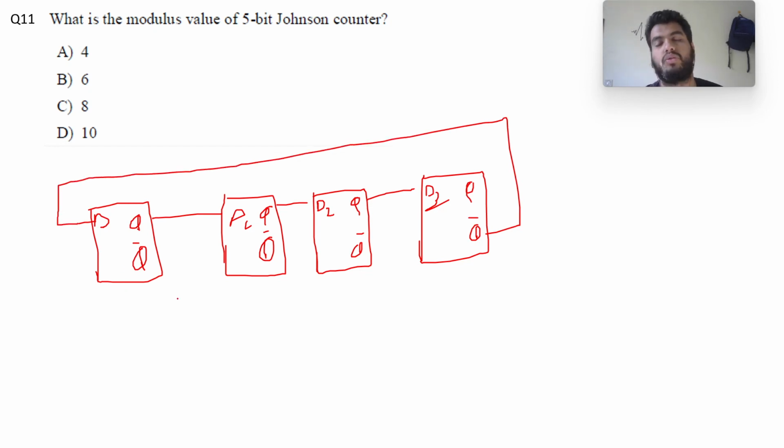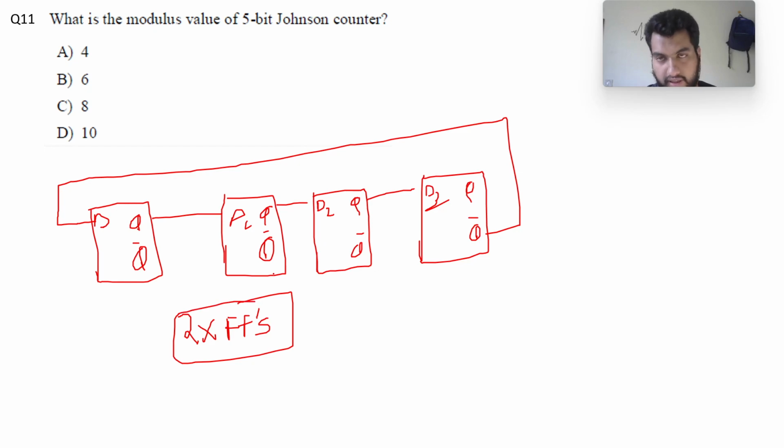This is also known as a twisted ring counter. The number of states for a twisted ring counter or Johnson counter is twice the number of flip-flops. So let's say there are 4 flip-flops, then the number of counting states, the modulus of this counter, will be 8.